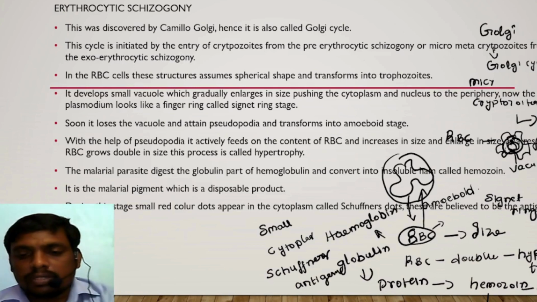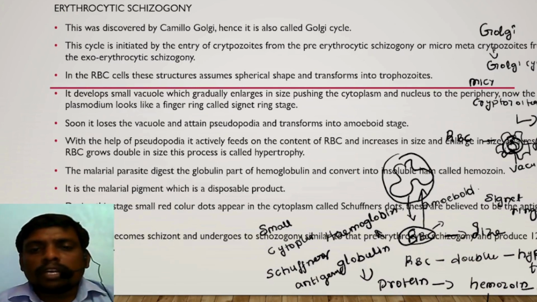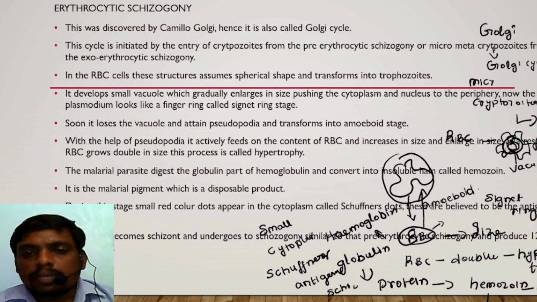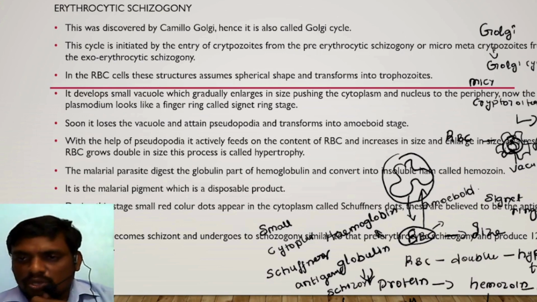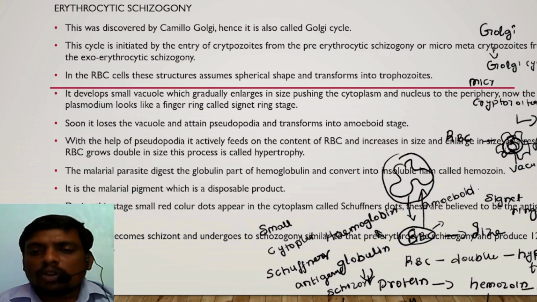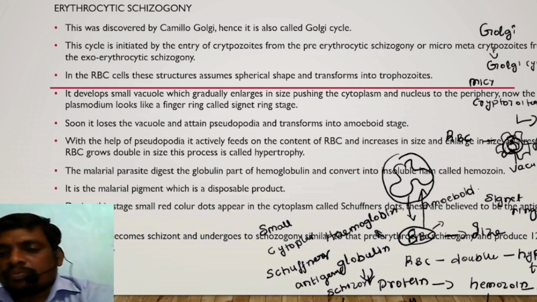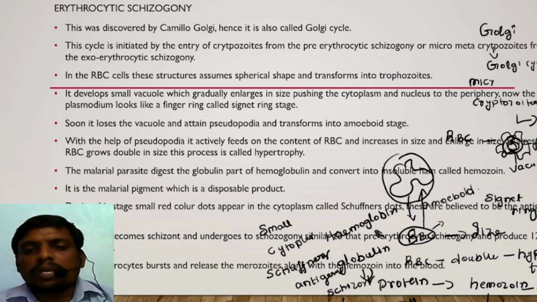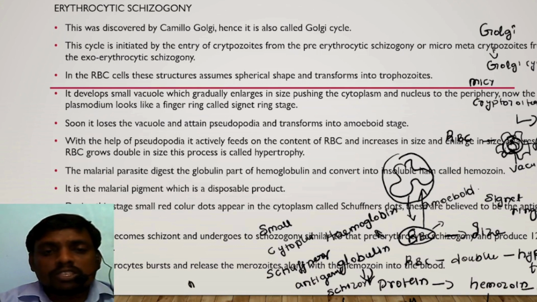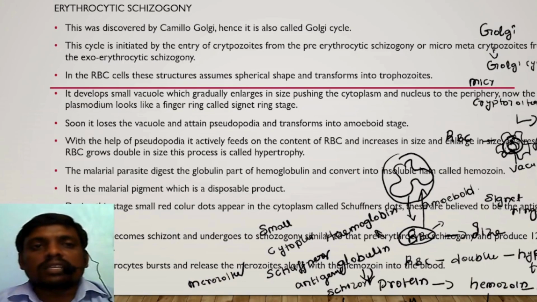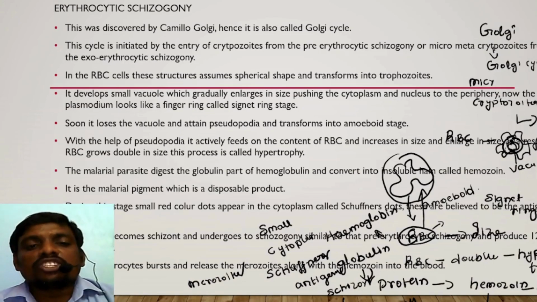Now the RBC becomes a schizont and undergoes schizogony, similar to pre-erythrocytic schizogony, and produces approximately 12 to 24 merozoites. Now the cell membrane ruptures, bursts and releases these 12 to 24 merozoites into the blood. Like this, it completes its erythrocytic schizogony.